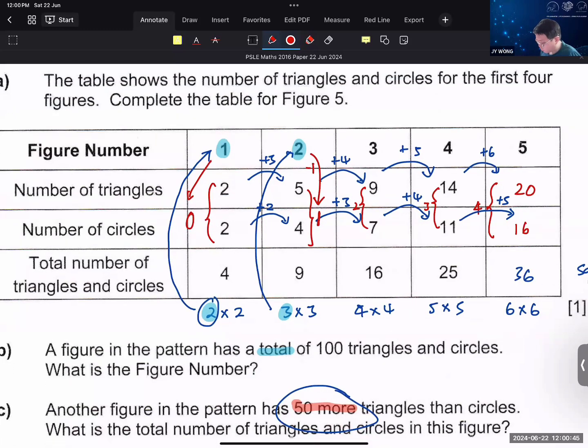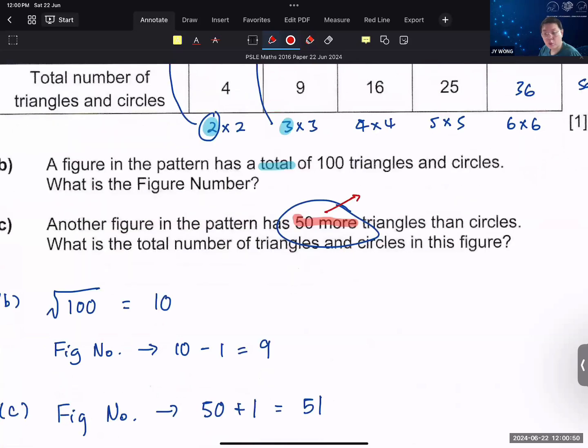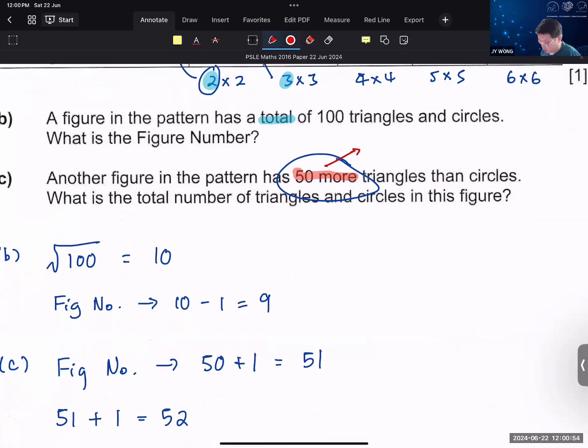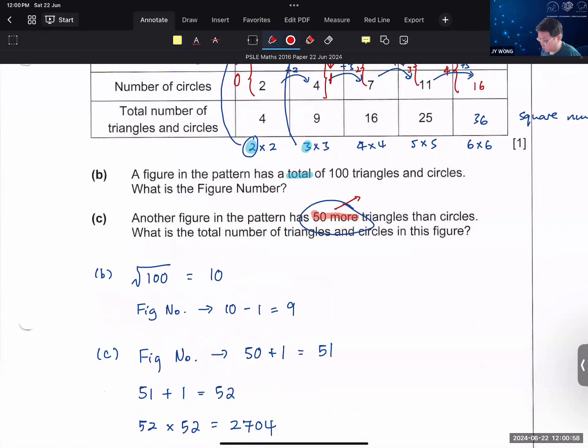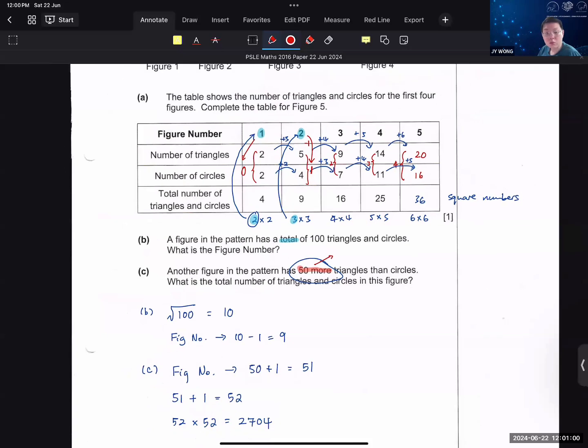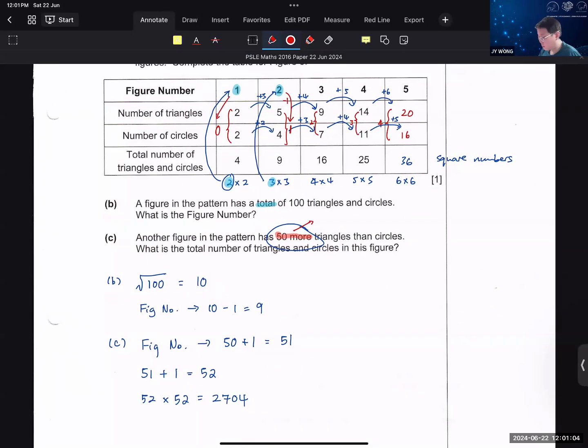So if your difference is 50, what will your figure number be? Your figure number will be plus 1, not minus 1, plus 1. That's why you know the figure number is 51. These are patterns that you need to be able to observe from the table. The difference is your figure number minus 1.